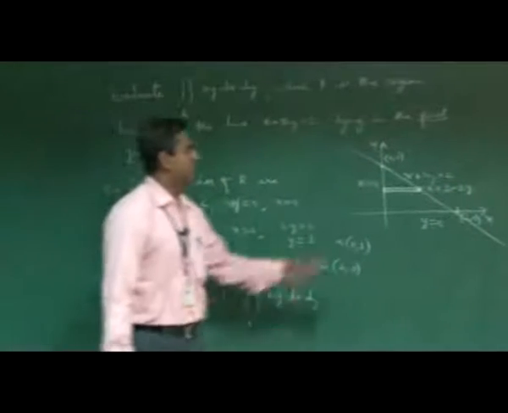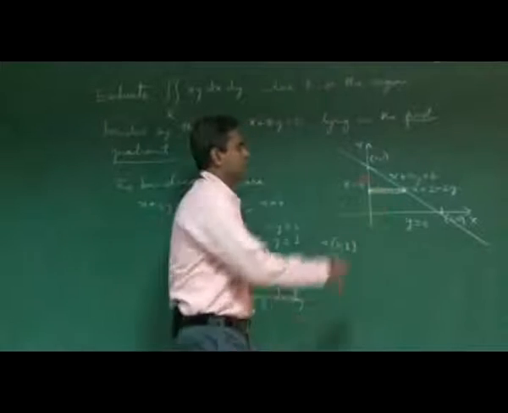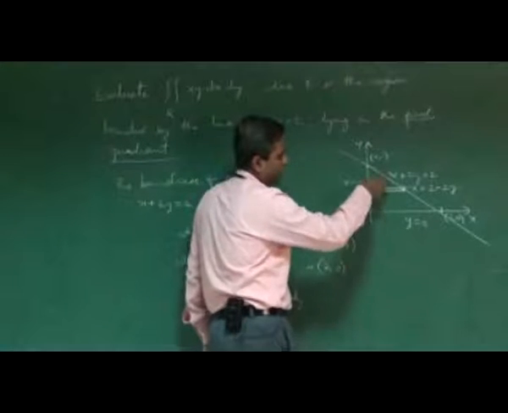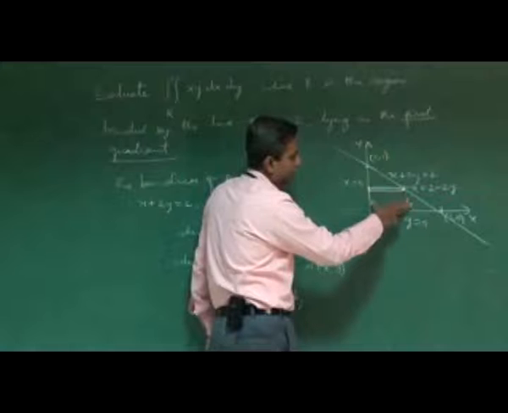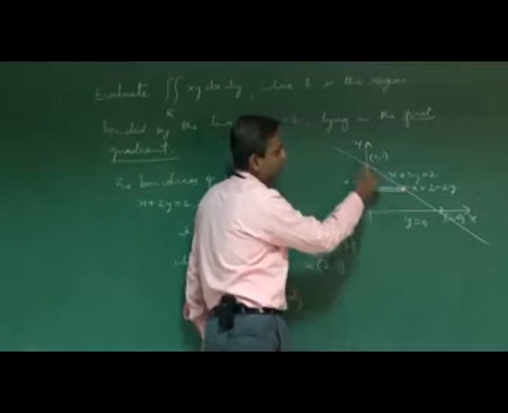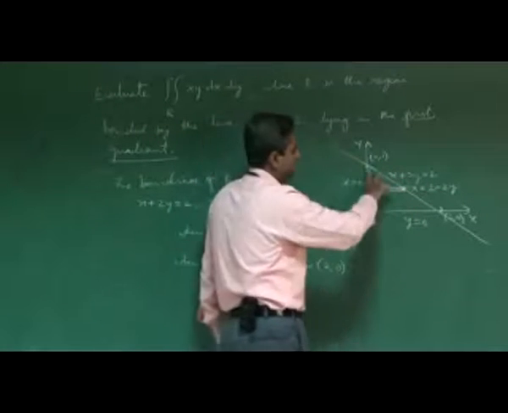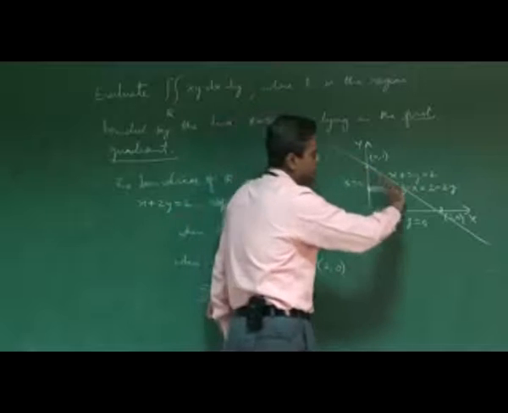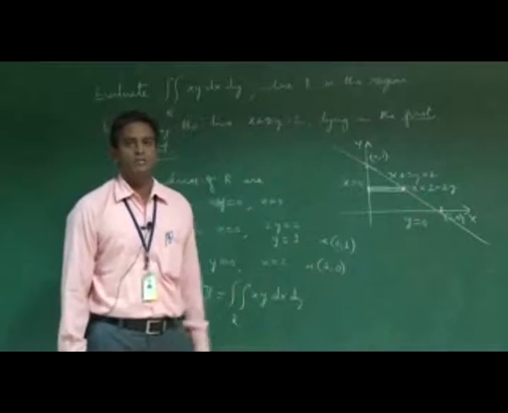In this case the region is not a fixed shape, it goes from the upward direction to the downward direction, and the width decreases. So in this case the first integration should be in the variable x.